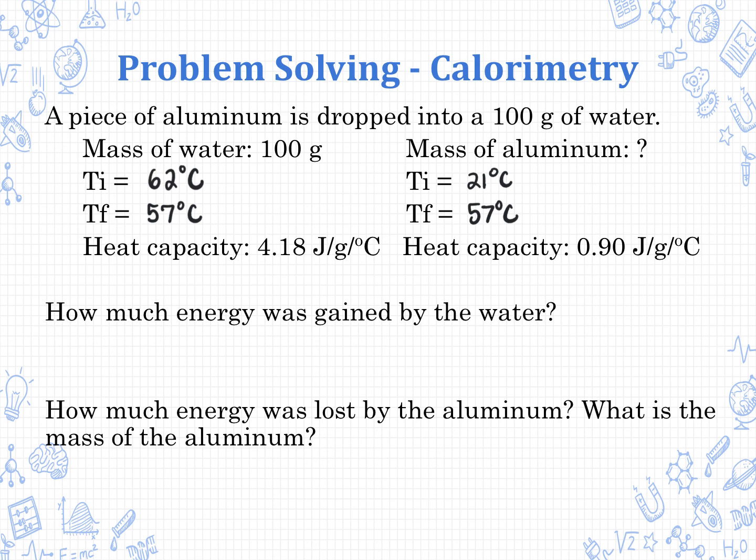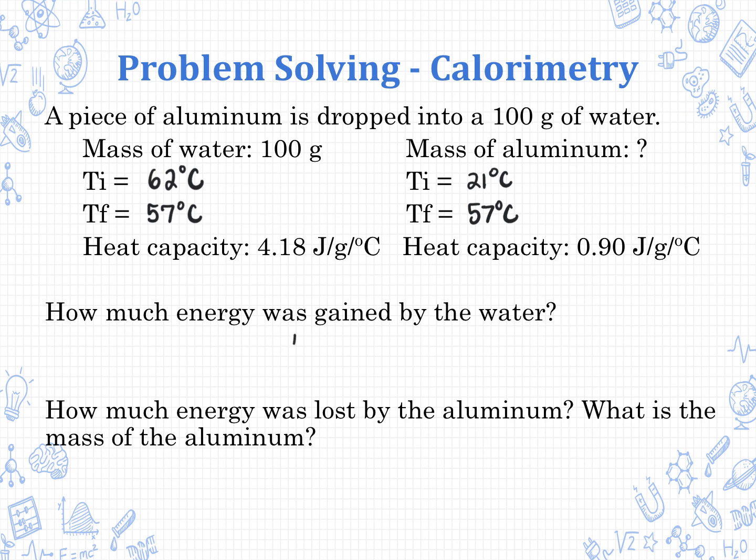I'm going to start with the water again, based on my hint from this problem, but also because of those 3 variables: how much stuff we have, the change in temperature, and the heat capacity. I know all 3 of them for water, where for aluminum I only know the change in temperature and the heat capacity, and I'm trying to figure out the mass. So you start with the thing that you know, all your pieces, all your variables.